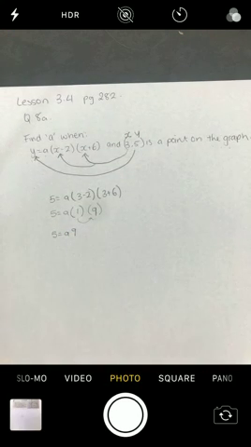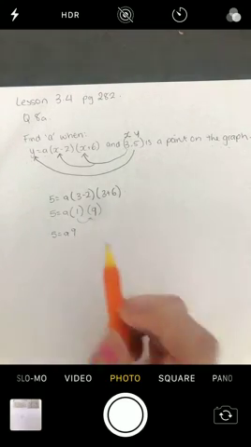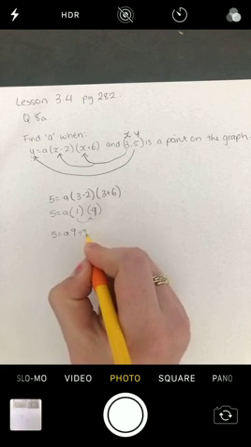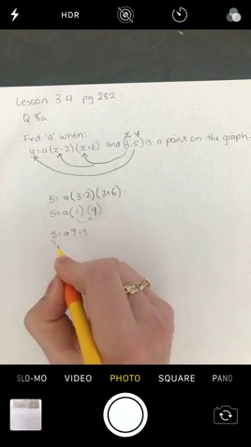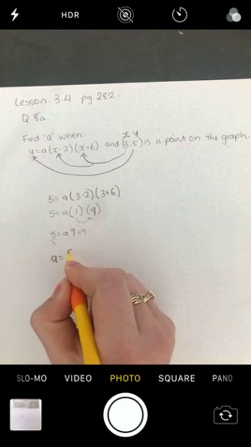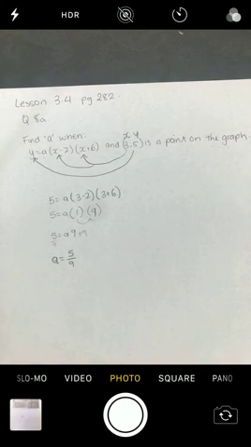And now to get rid of our 9 on this side and get a all by itself, we're going to divide this side by 9. So that means we have to divide this side by 9. So we would end up with a equals 5 over 9. So that would be our answer there.